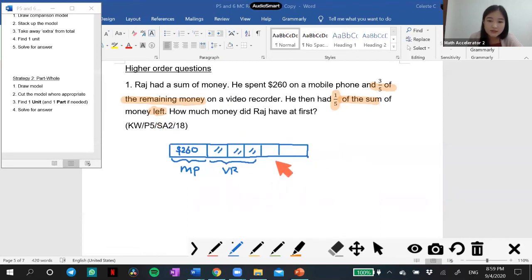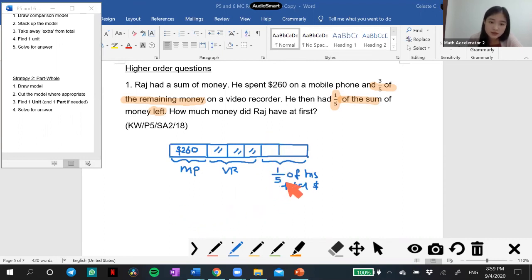So whatever is left here is 1/5 of his total money, right? Of the sum of money. Okay, whatever is left here.